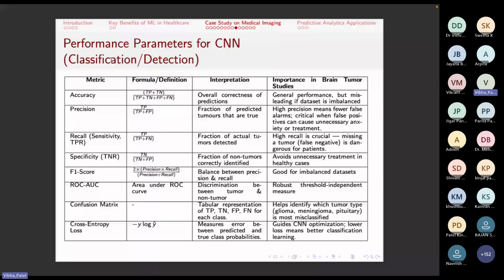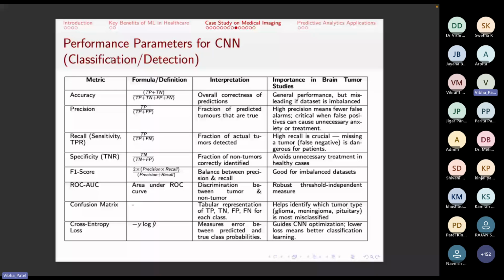Followed by it, once you have designed a model and trained it using the training data, the normally preferred proportion of data is 70-30 or 60-40, that is, 60 or 70 percent for training and 30 or 40 percent for testing purpose.